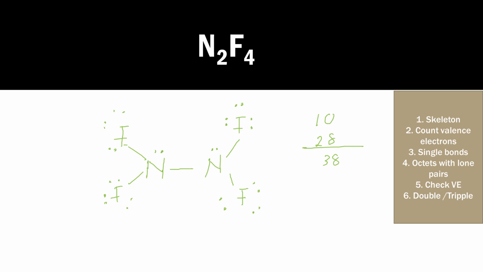So now count the valence electrons again all together. So how do we count? 2, 4, 6, 8, 10, 12, 14, 16, 18, 20, 22, 24, 26, 28, 30, 32, 34, 36, 38. It provides 38. Therefore 0 balance. So this is the Lewis structure for N2F4.